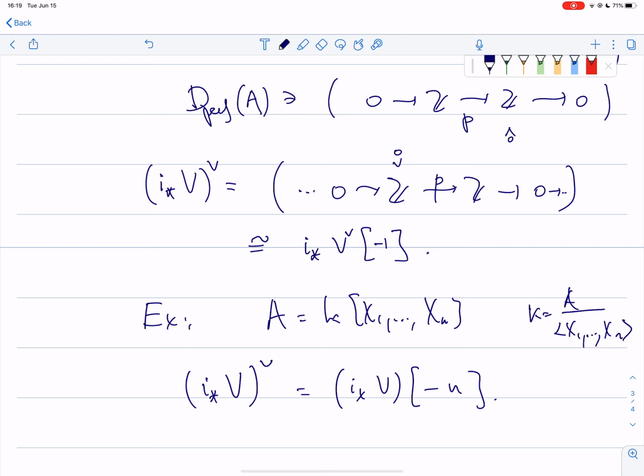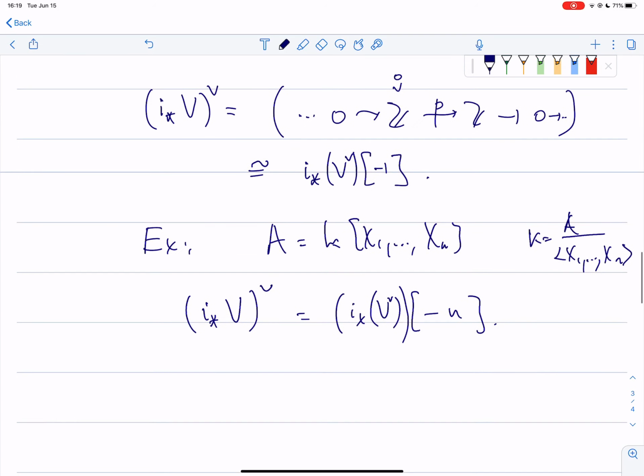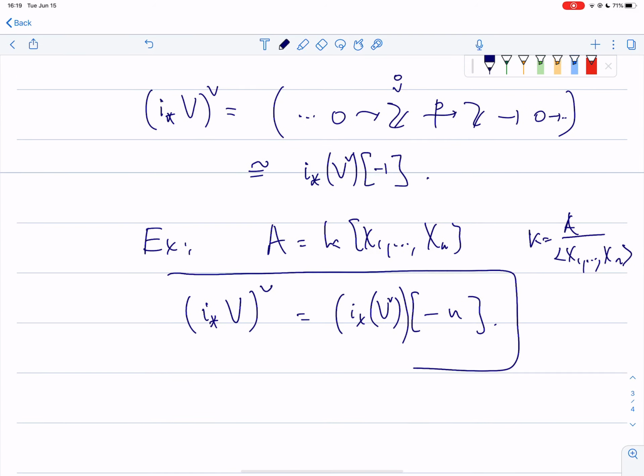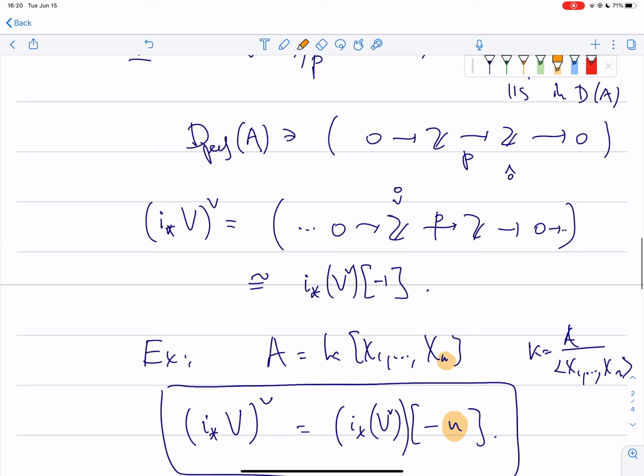So let me emphasize that by doing it this way. There's really a little dual here, if you want. That makes the formula more likely, because it's contravariant in V on both sides. And this is interesting, because this n here is really the difference of the dimensions of the two spaces, the two spectra, the two schemes you're looking at here.